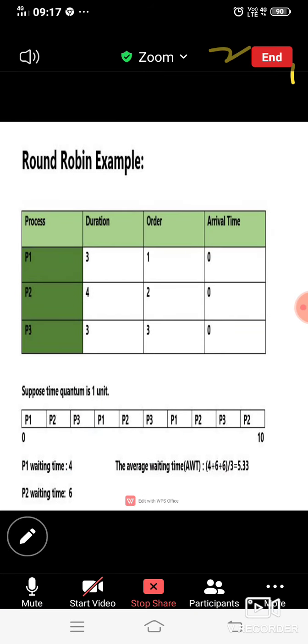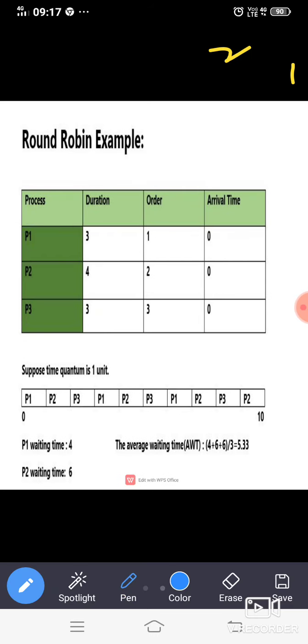So now you have understood what a time quantum is, and what is meant by round robin, and how the time has to be given. Here the question asks what is the waiting time of P1? 4. Why? Do you know what is meant by waiting time? Let us see what is the waiting time of P1.